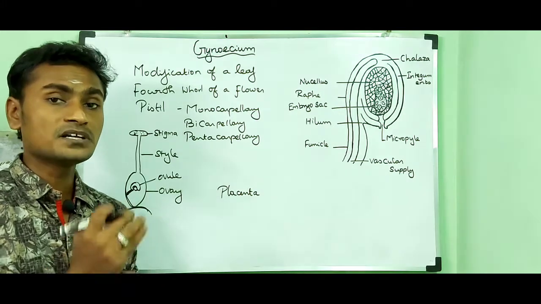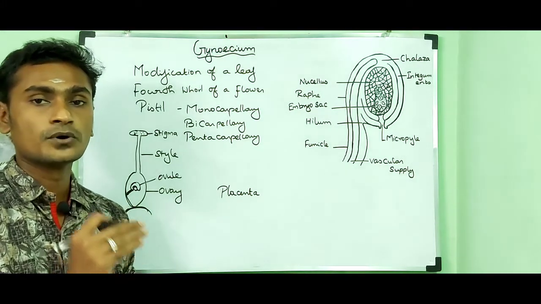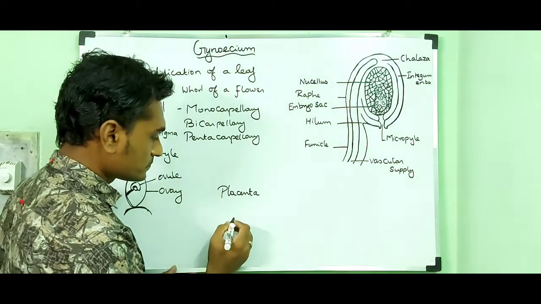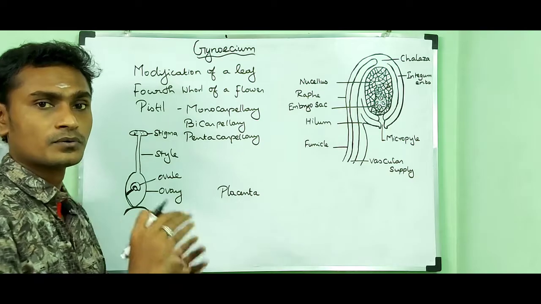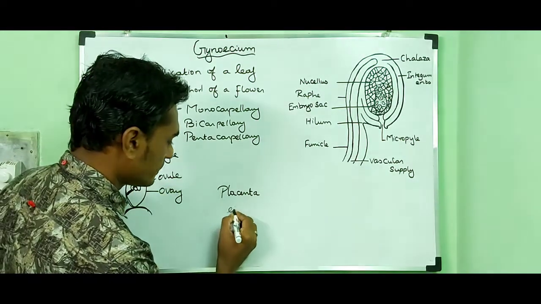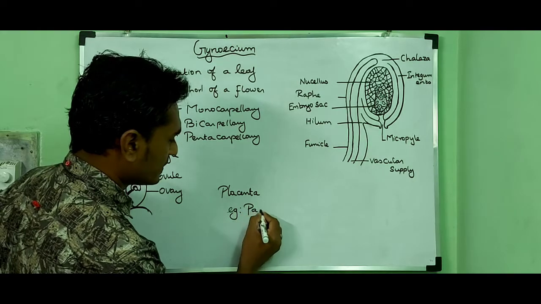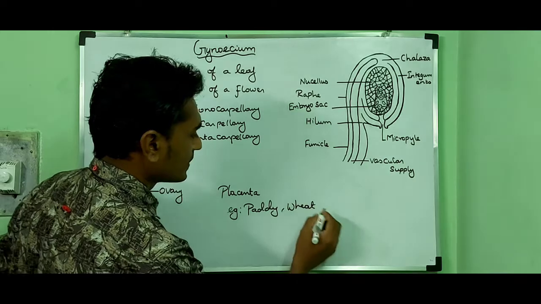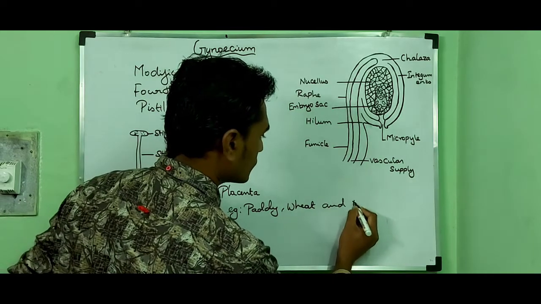The number of ovules in the ovary may be one or many. If there is only one ovule, it is able to produce only one seed. Example: paddy, wheat and mango.